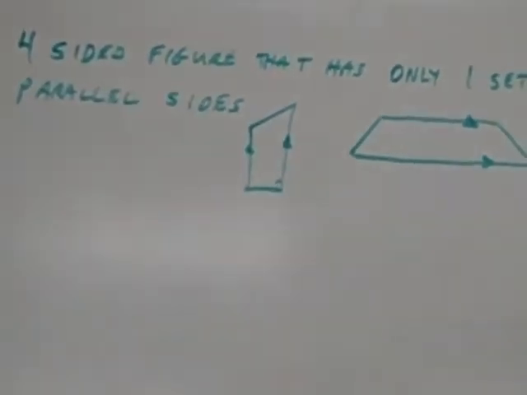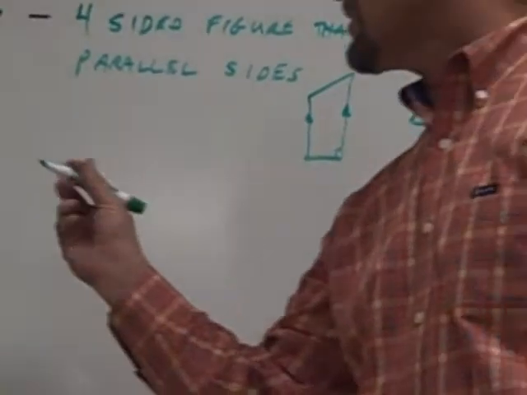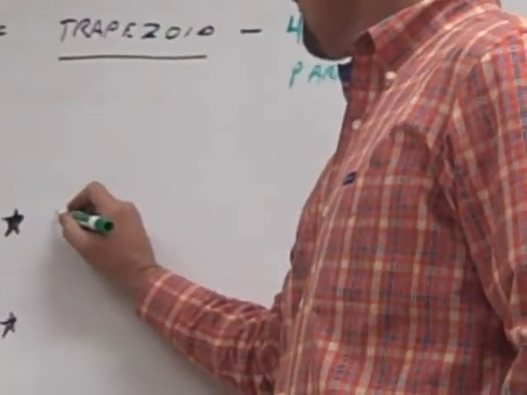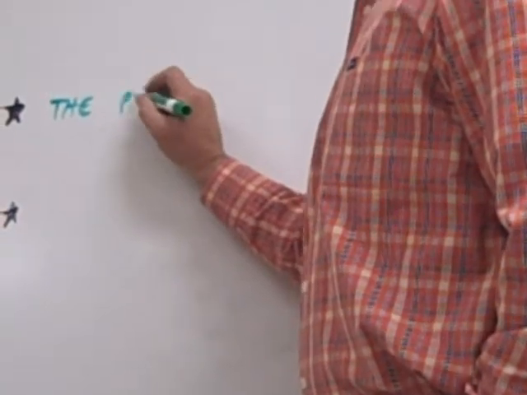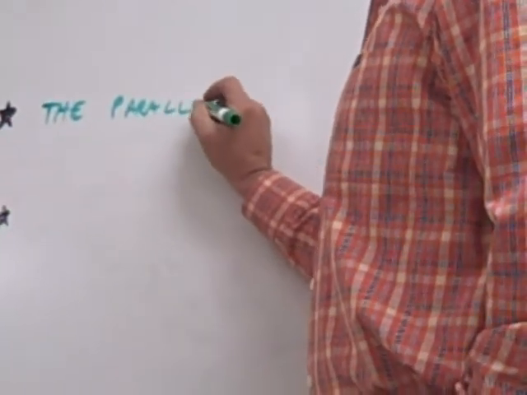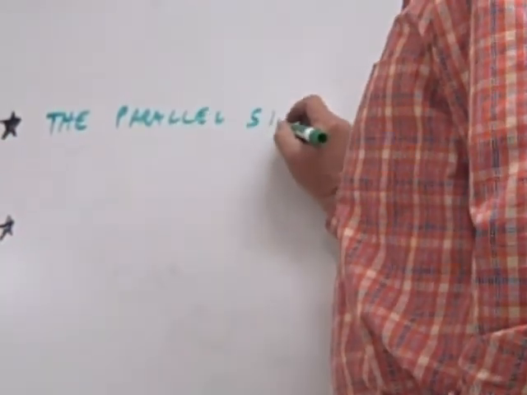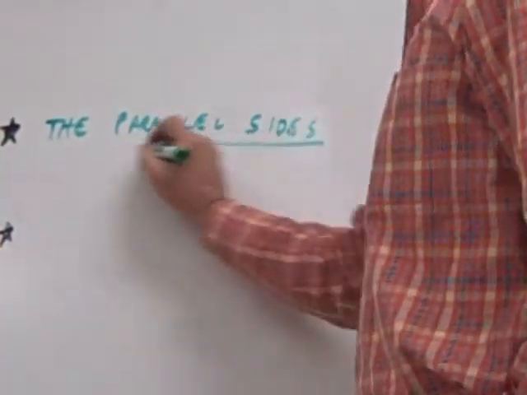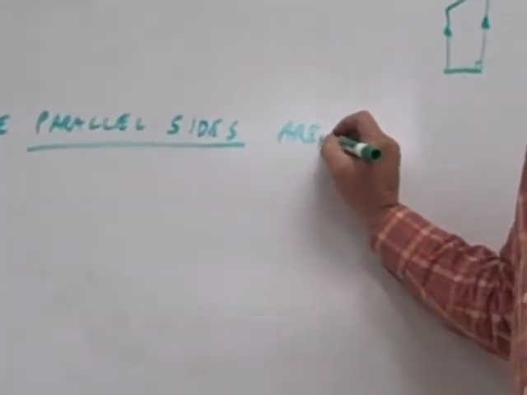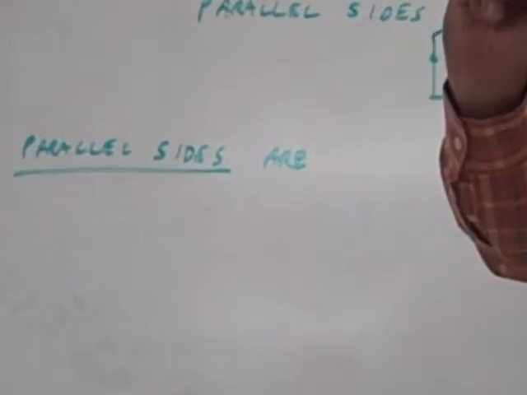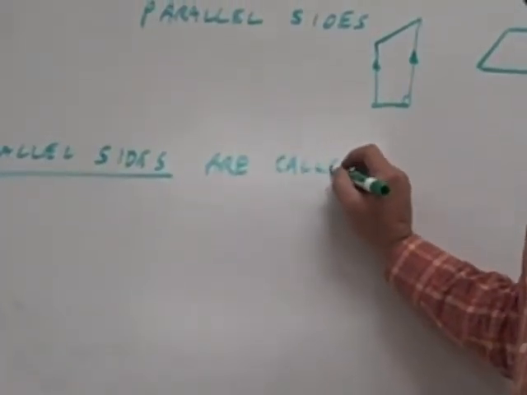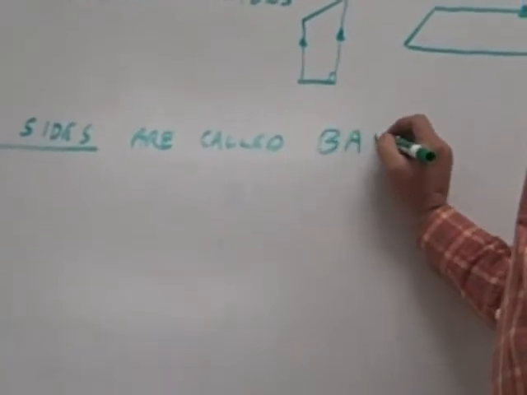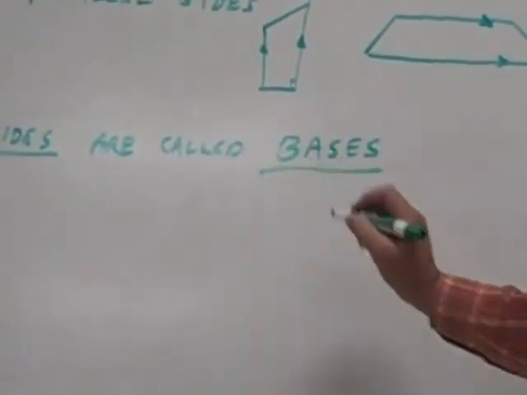Okay? Pretty simple. Now there's a couple things we need to star. First star, the parallel sides are, don't try to guess, are called bases.